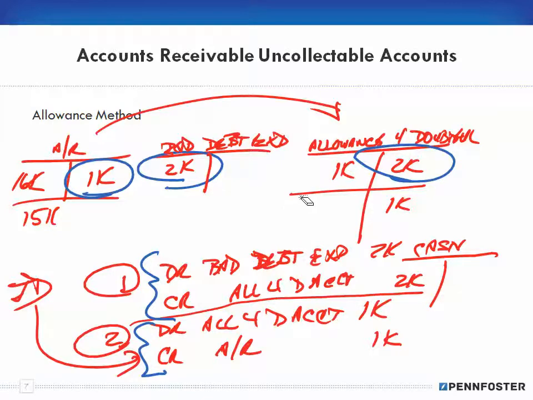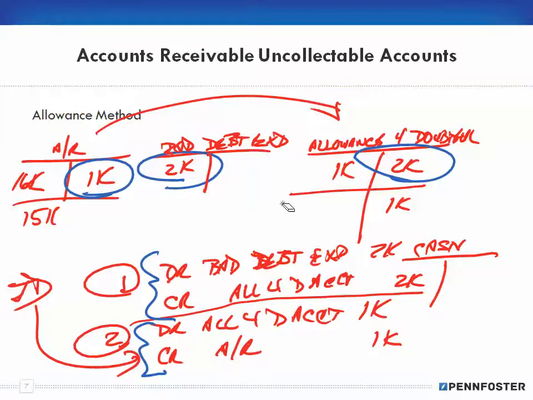Using the percent of sales method, you're saying, okay, I know from history that this is the percentage of my sales that is going to be bad debt, and you're always adjusting to whatever you have for sales. You're saying that's what I'm going to write off.